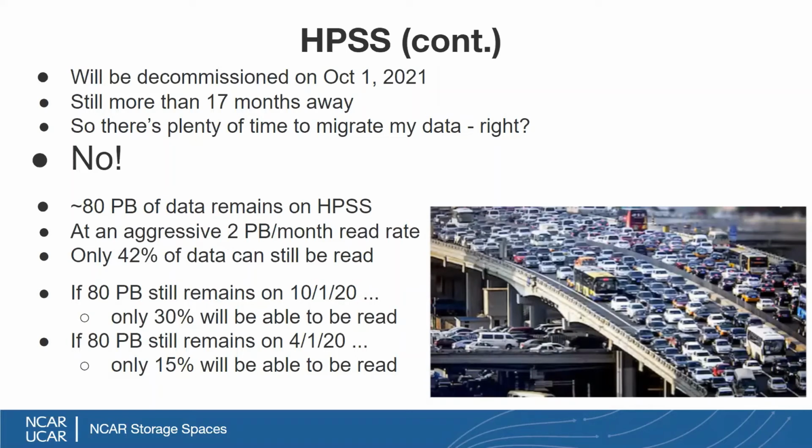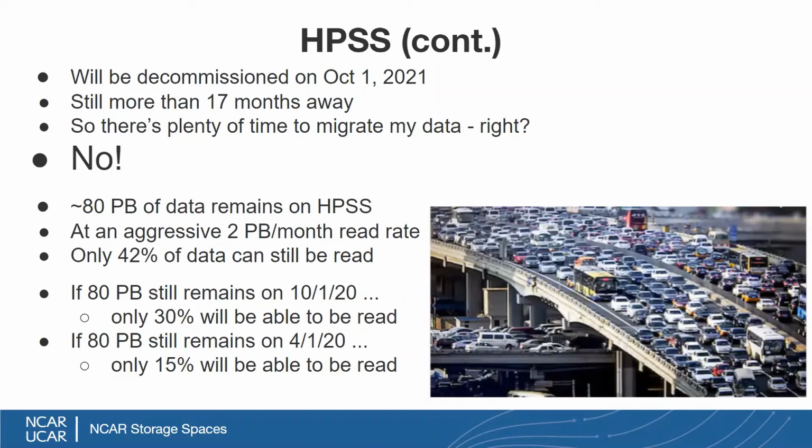We estimate that a good but aggressive estimate for the amount of data that could be read off the tape systems and then eventually copied someplace else is about 2 petabytes a month. So that means as of today, only about 42% of those 80 petabytes can still be read before October 1st, 2021.